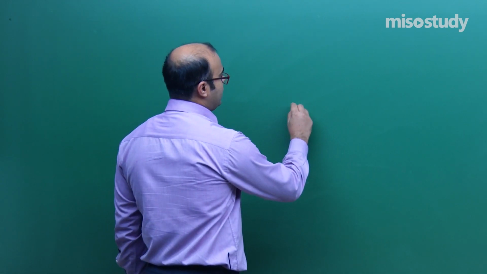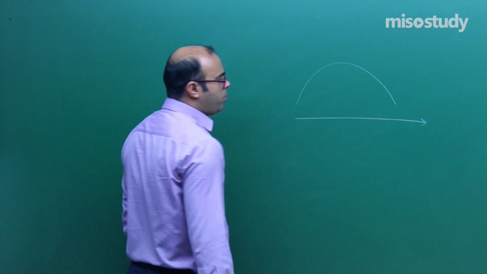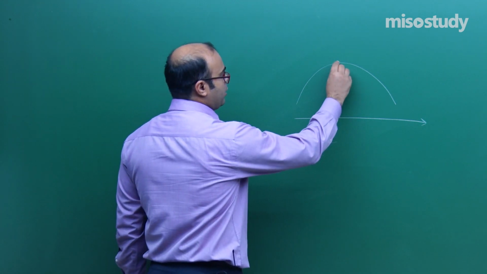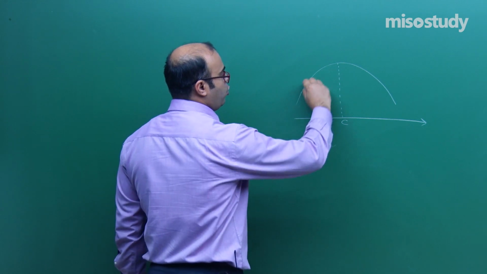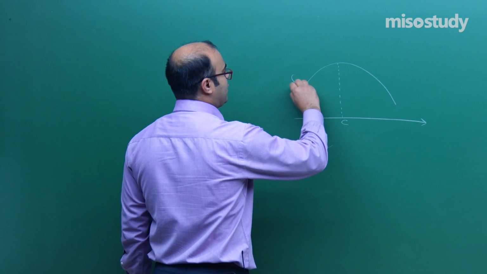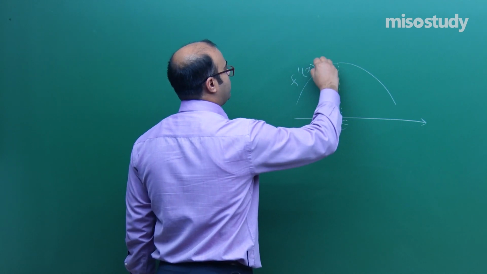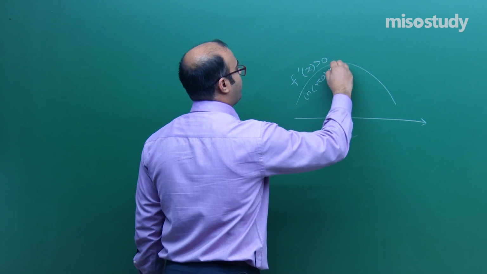First of all, let us see a graph which is being drawn like this. If you observe this part, at x equal to c, from here to here, the function is increasing. So, f dash x is actually positive here. This is an increasing graph in this interval.